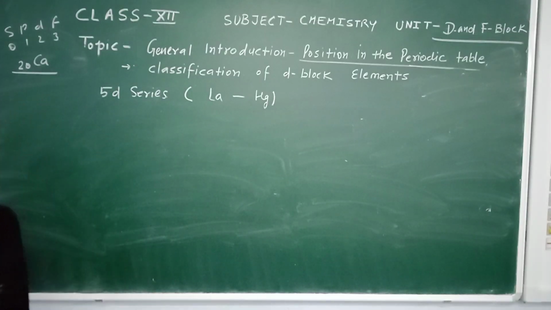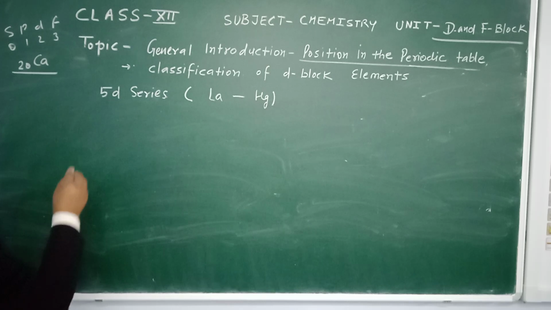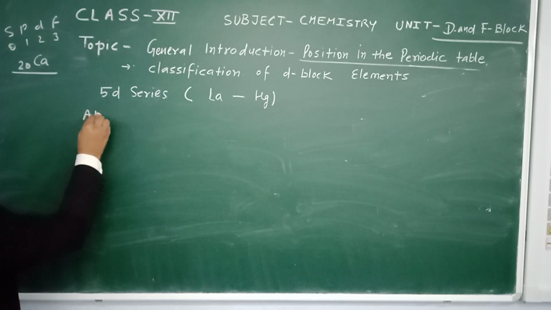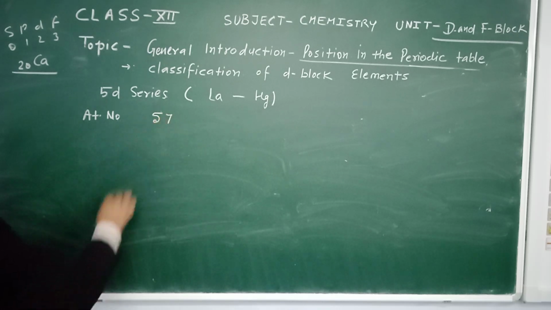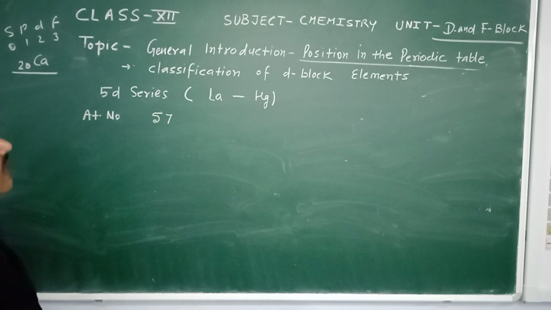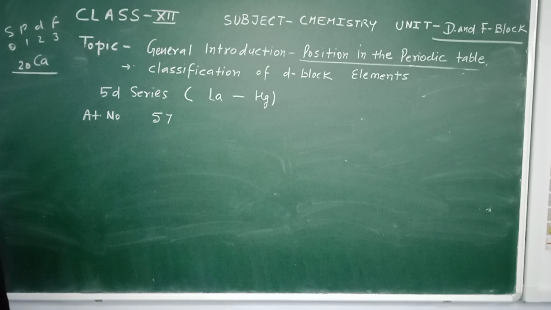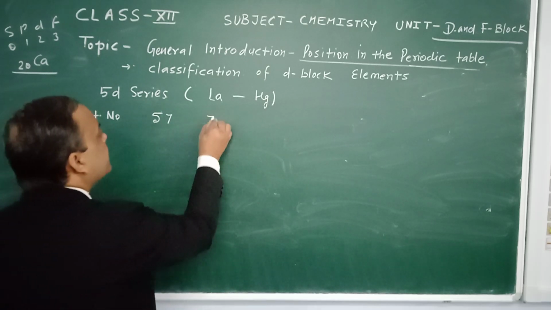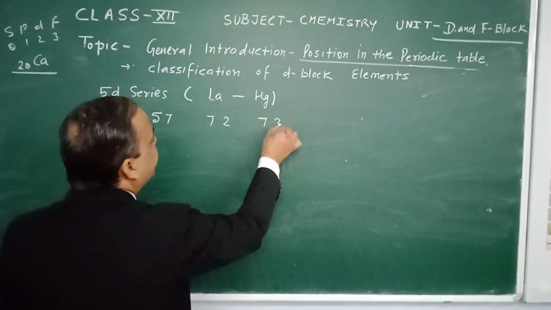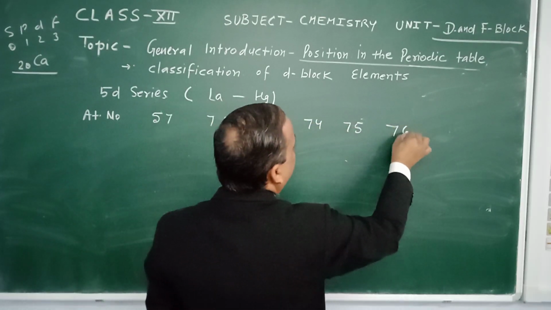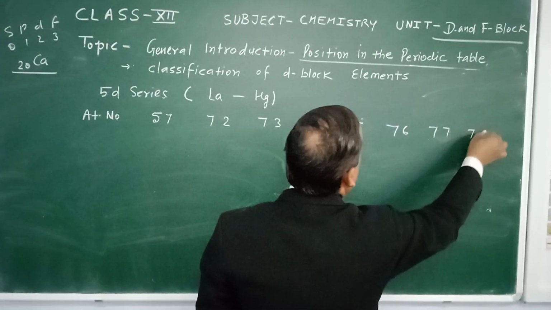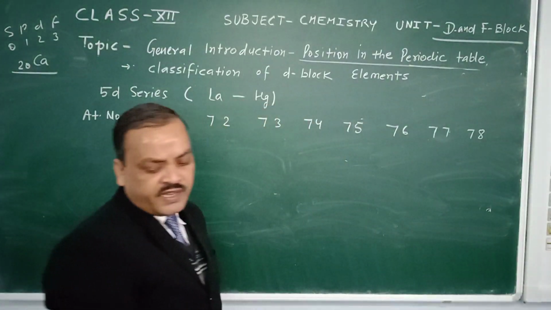Now their atomic numbers: atomic number 57 in the case of lanthanum. Then after that we continue with 72, 73, 74, 75 and up to atomic number 78.